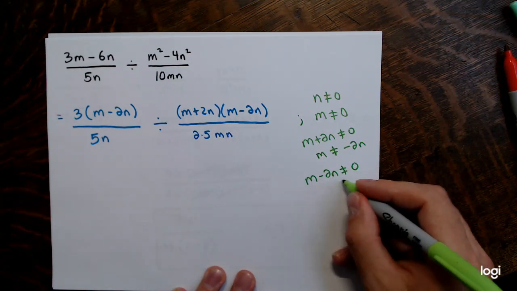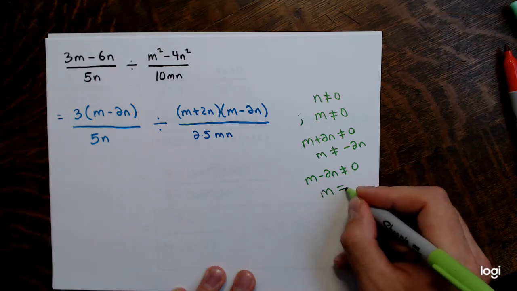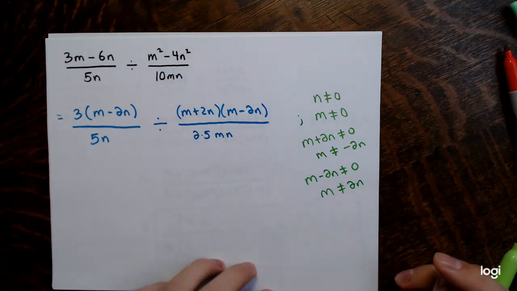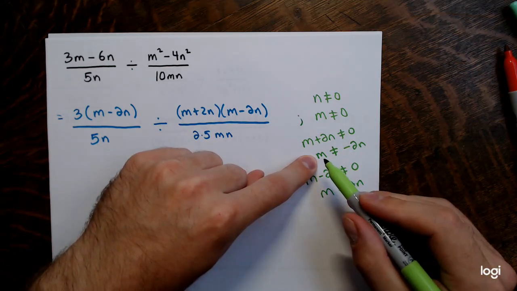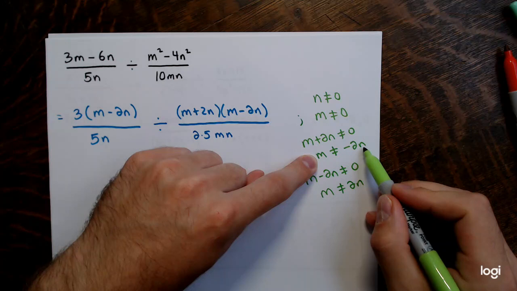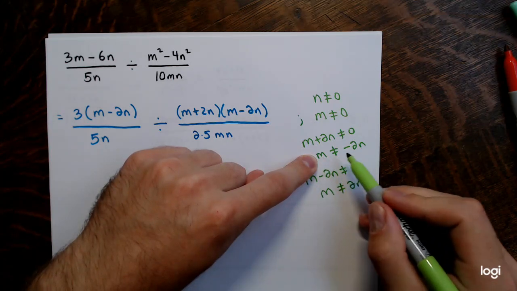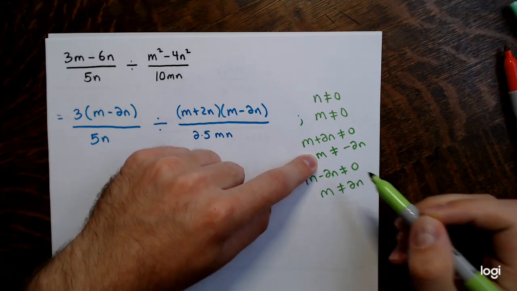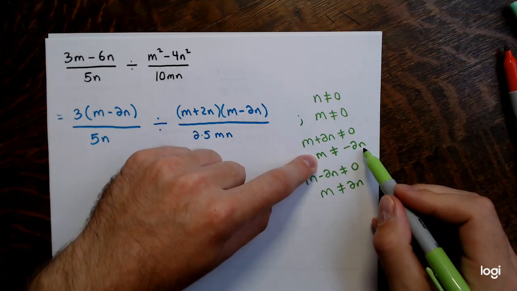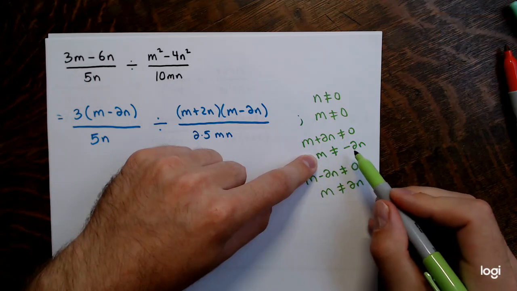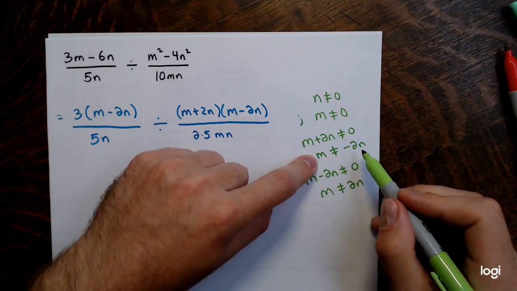So again, adding 2n if you want, m cannot be twice n. So all this means is that if I let n be 2, m can't be negative 4. M can't be negative 2 times my choice for n. If I let n be 5, I can't replace m with negative 10.